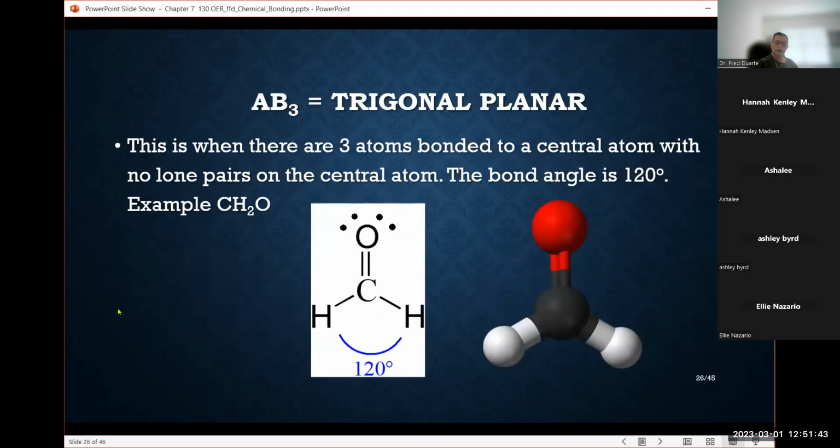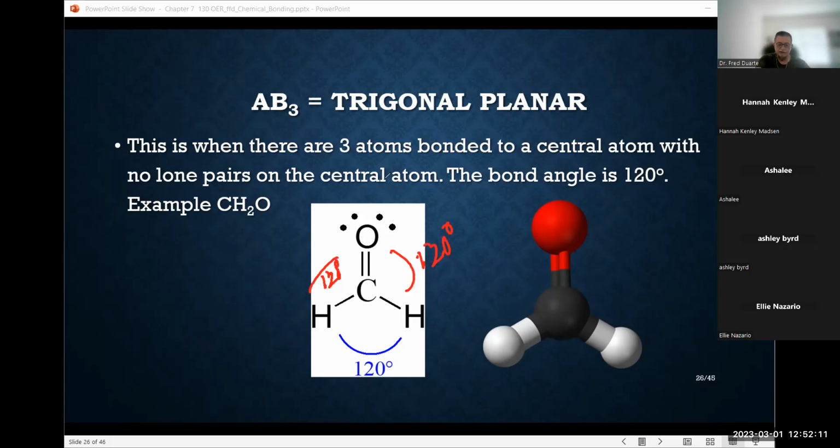Now we have an AB3 example where you have a flat structure with 3 atoms bonded to the central atom. Across the board, we have 120 degrees all the way around, so very symmetrical.